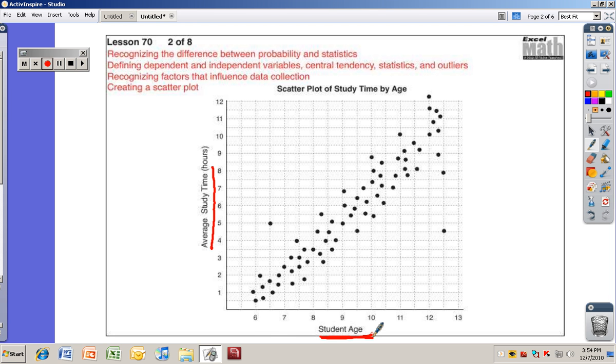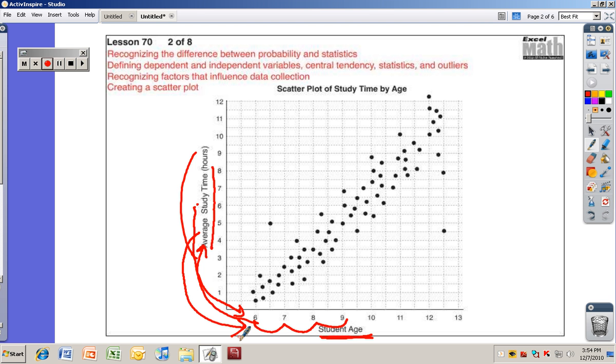Their age is going to change no matter what. It's completely independent. This number is dependent upon that number right there. Their age does not depend on how much time they study. How much time they study depends on their age. Think of it this way. If you wanted to become older, do you study longer?